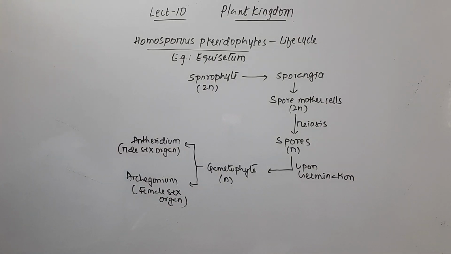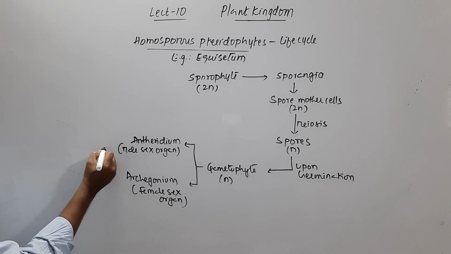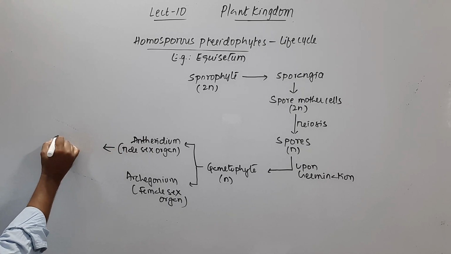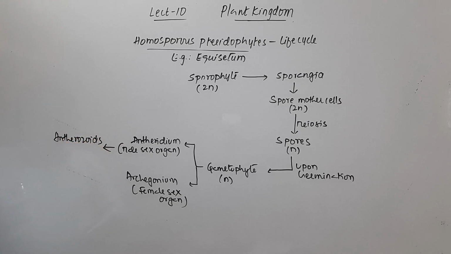The antheridium and archegonium may develop on the same gametophyte or on different gametophytes. The antheridium produces antherozoids, and the archegonium will be producing eggs.